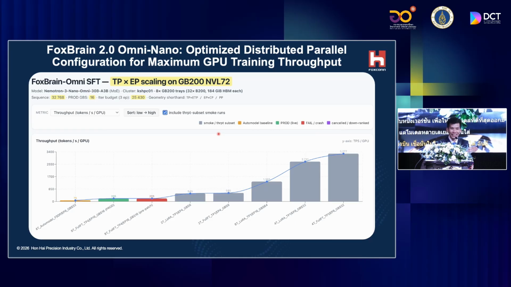It means if I set it wrong, I will train the model much longer. But if I set it right, I will train much faster. It means I utilize the GPU better. So you have to experiment with the configuration of model parallelism to find the best setting for your case, for your model size, for your architecture, for the hardware that you can access, either H100, A100, or another type of GPU. You might consider this to get the best throughput in your training.